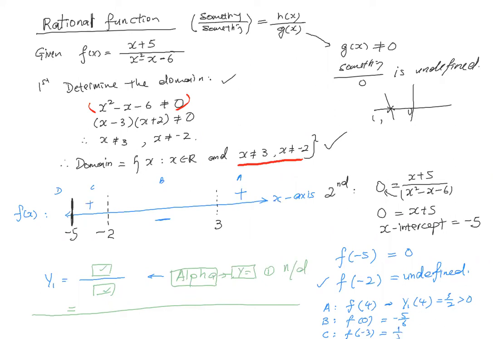Then for region D, I choose -6. So I got -1/36. So here is negative. So I know that my graph goes above, then goes below.